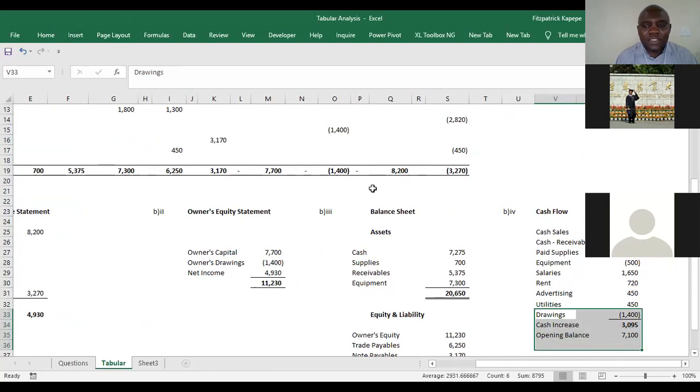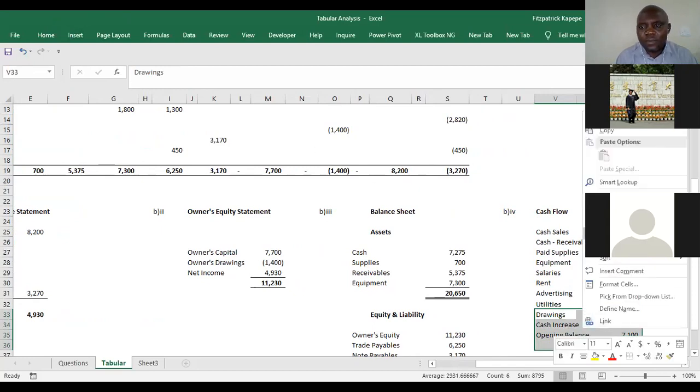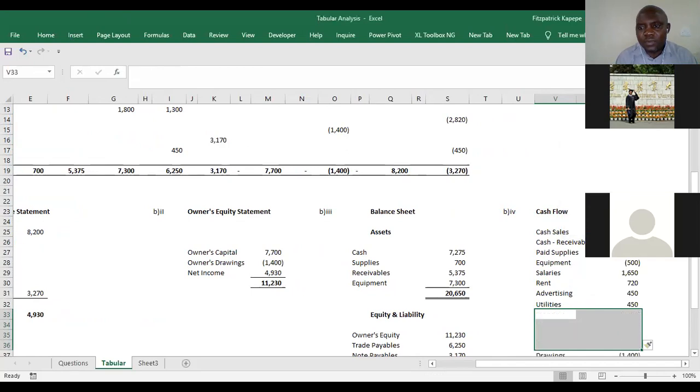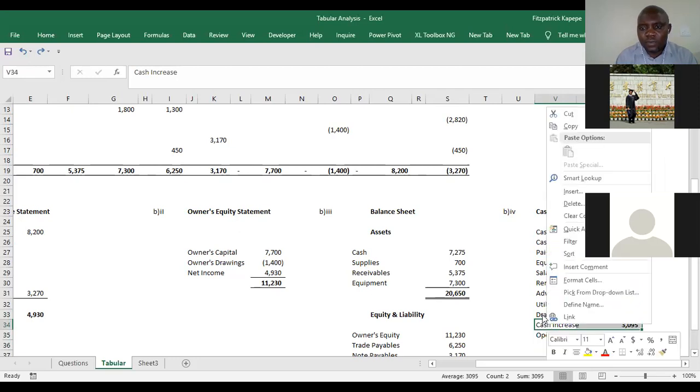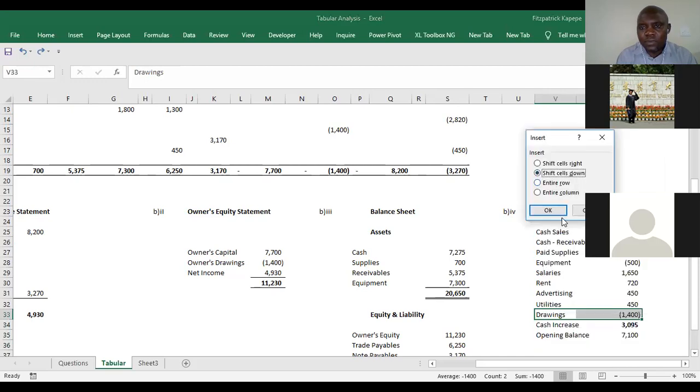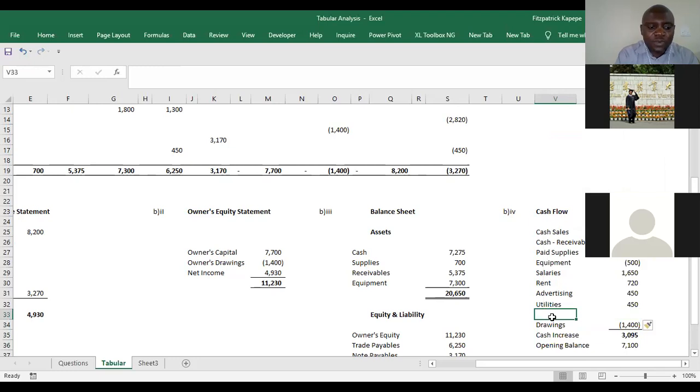So let me just insert. So shift downwards. A Zanaco loan, yeah? Yes. So Zanaco loan of 3,170.